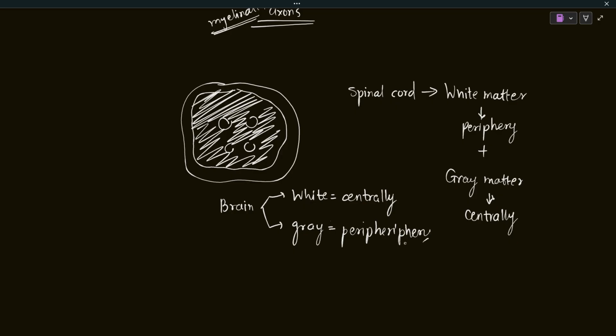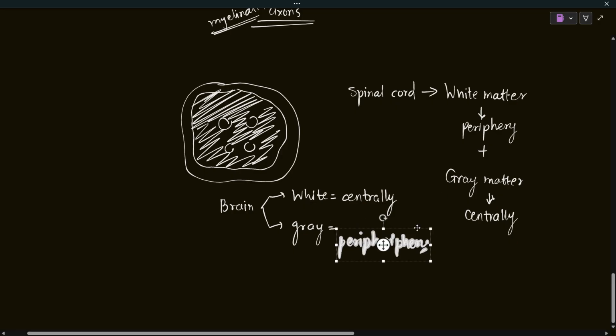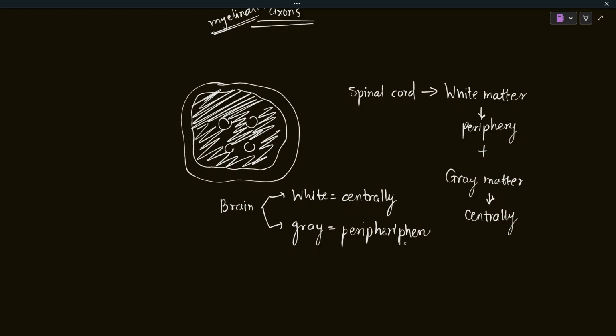In the gray matter we have the cell body part. Except for myelinated axons, whatever is there will be in the gray matter, while in the white matter there will be myelinated axons, because only the myelin sheath gives the white glistening appearance to the tissue.